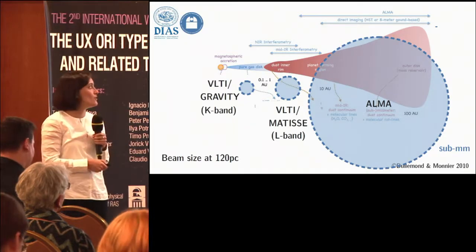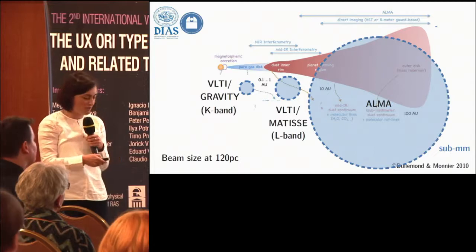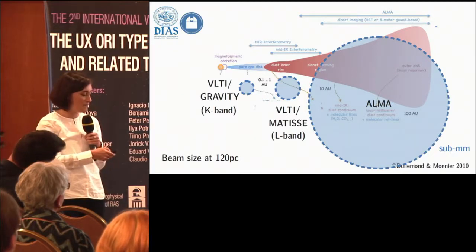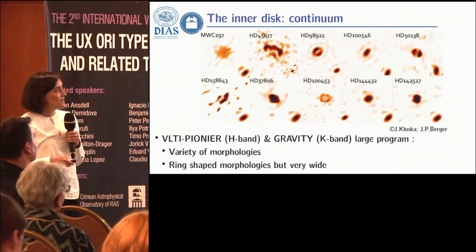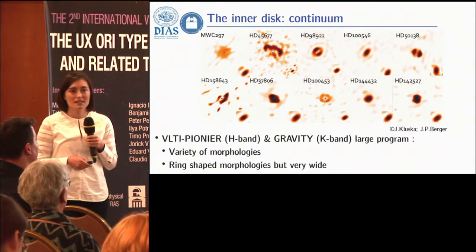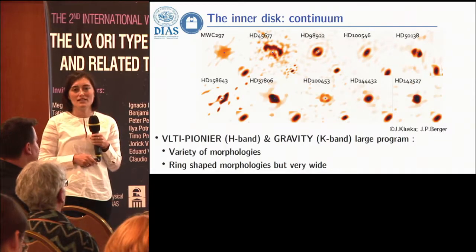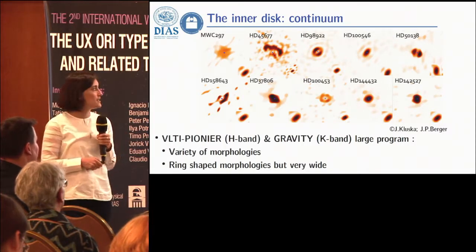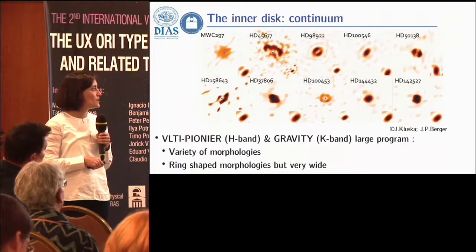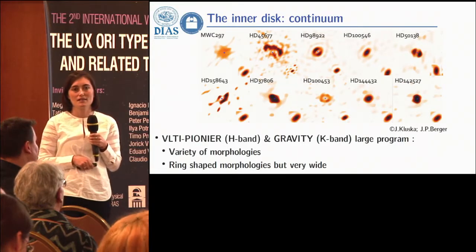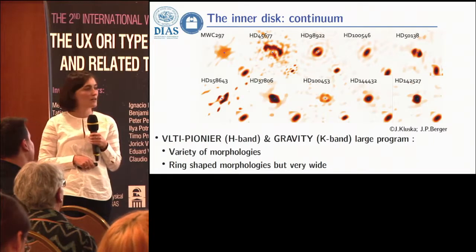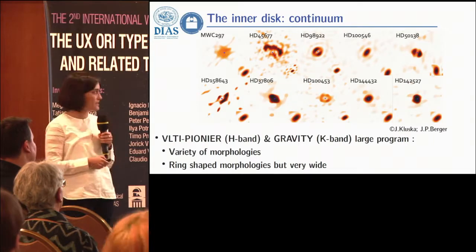So you need to go to optical near-infrared interferometry with instruments like GRAVITY, even better with CHARA. Unfortunately, until very recently, interferometers were not very sensitive, so we had to wait until PIONIER and now also GRAVITY to get statistical surveys of the dust components of the inner disk.